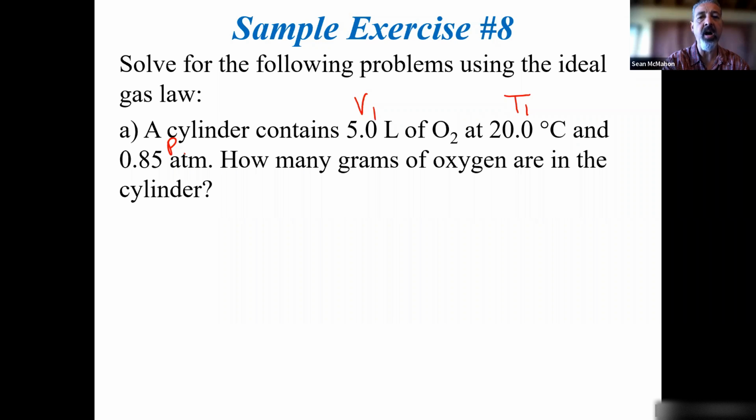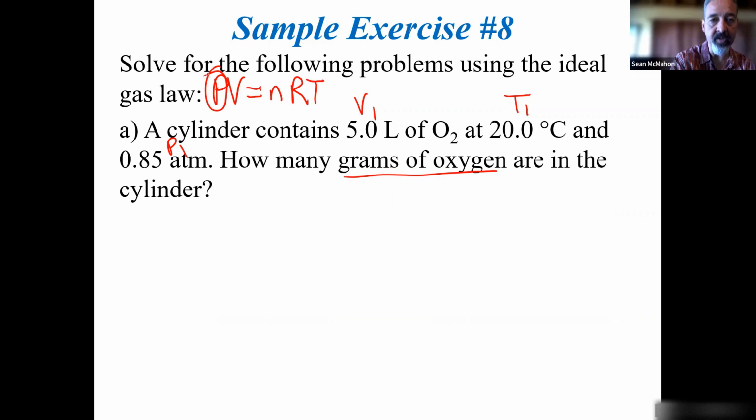Okay. V1, T1, P1. So I want grams of oxygen, right? But I'm given a gas. I have volume, temperature, and pressure. There's no change in conditions. So when there's no change in conditions, you've got to use PV equals nRT. Well, what do they give me?